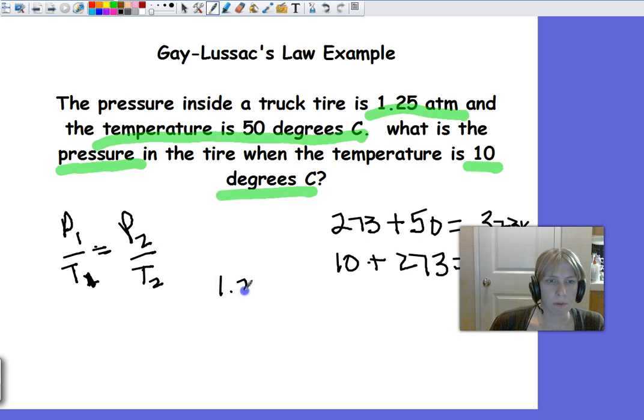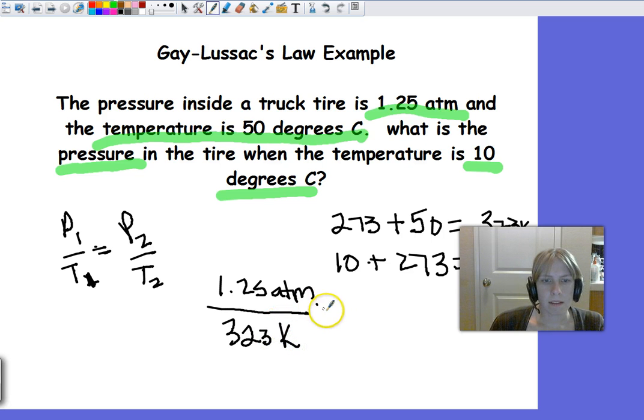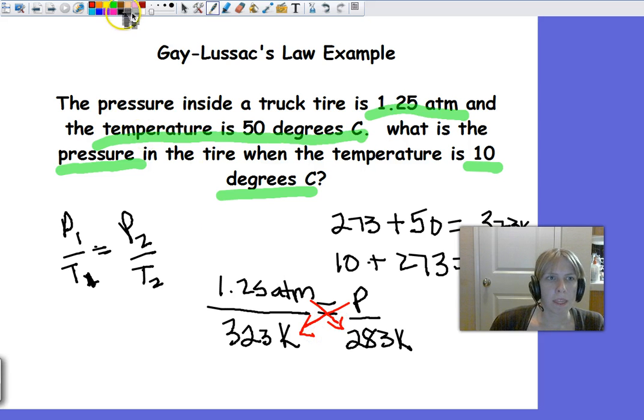We have 1.25 ATM as our initial, or our P1, over our 323 Kelvin, and that is going to be equal to our pressure 2 over our 283 Kelvin.